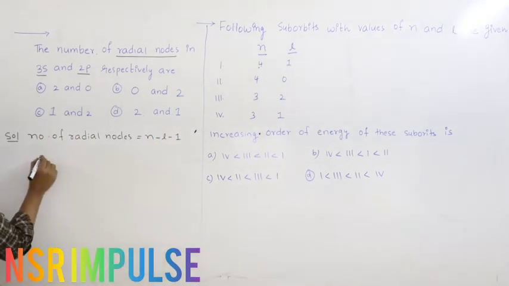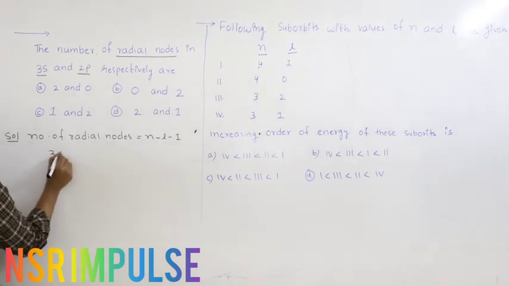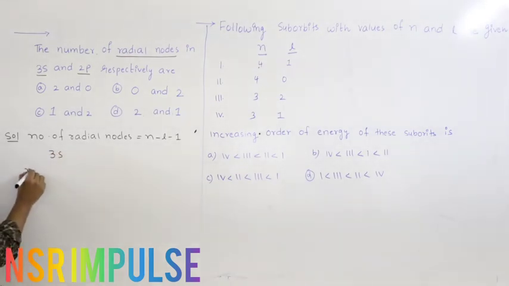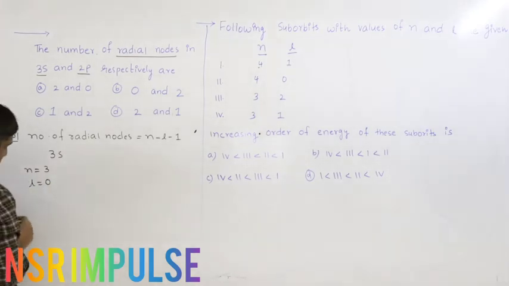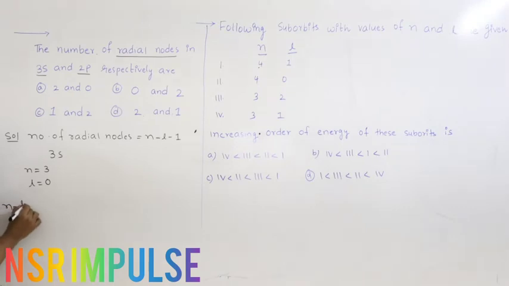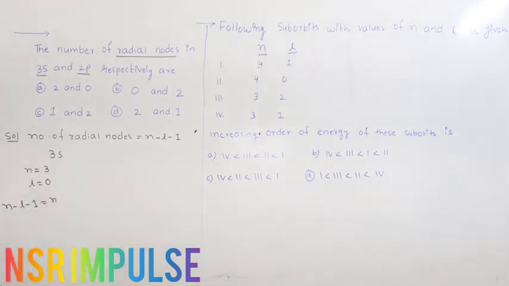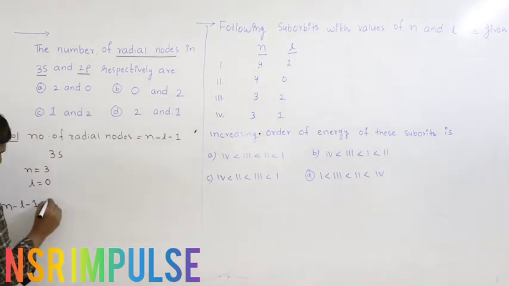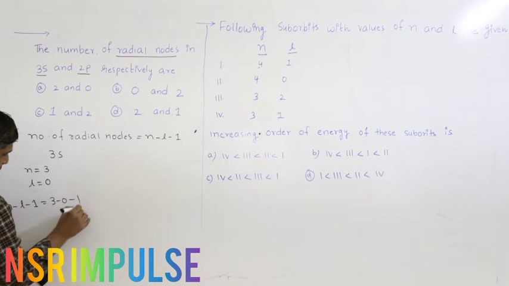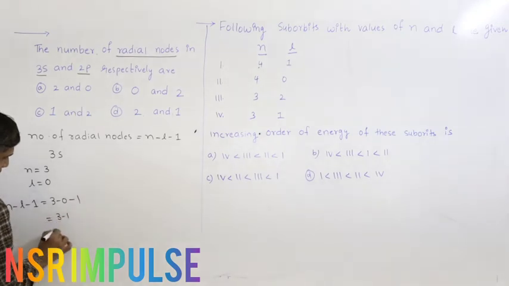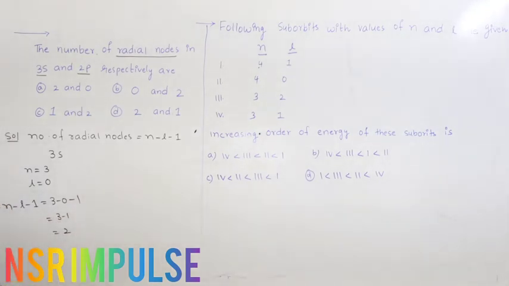For the 3s orbital, n equal to 3, and for an s orbital l equal to 0. So n minus l minus 1 equals 3 minus 0 minus 1, so 3 minus 1 equals 2.